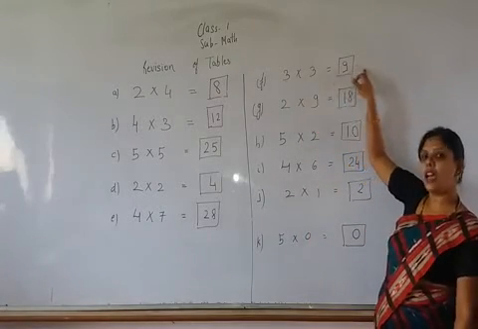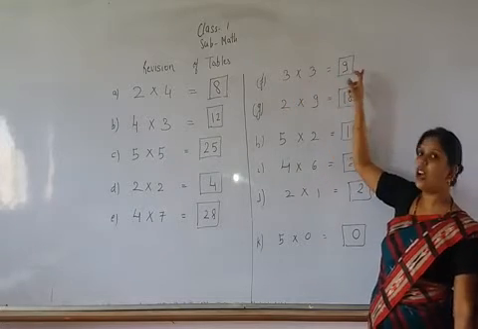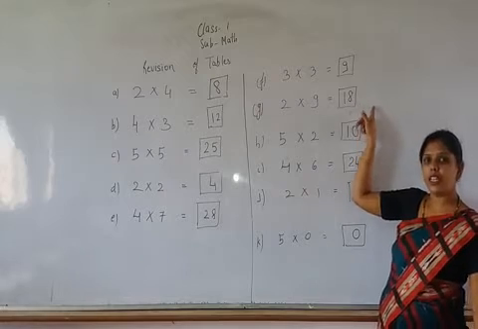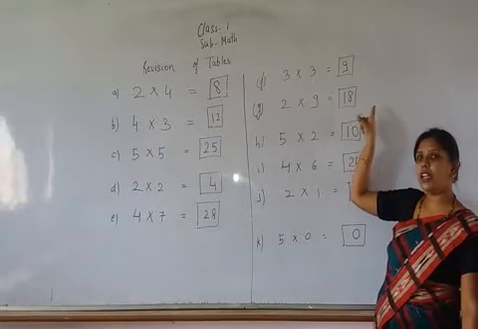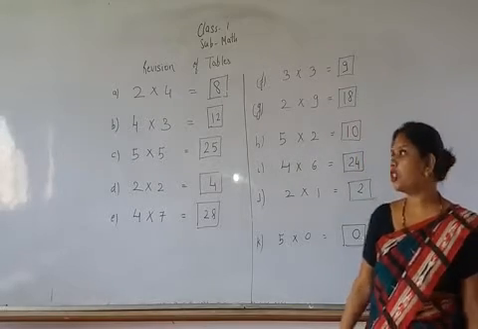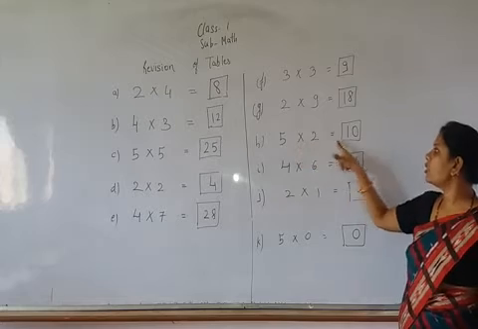3 3s are 9. Next, 9 2s are 18. Now H. 5 2s are 10.